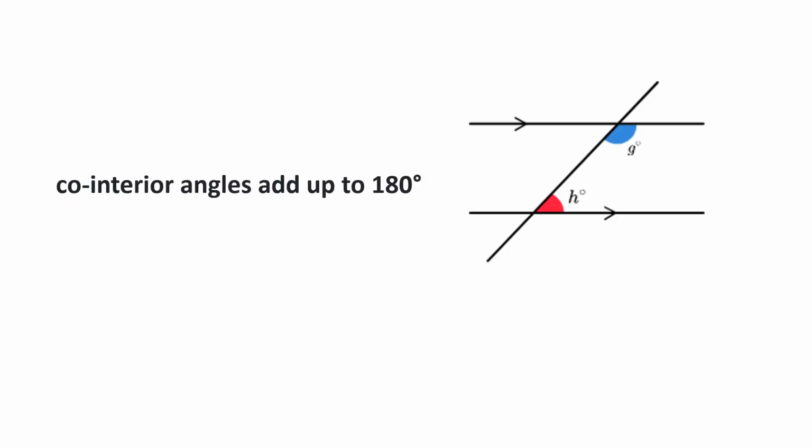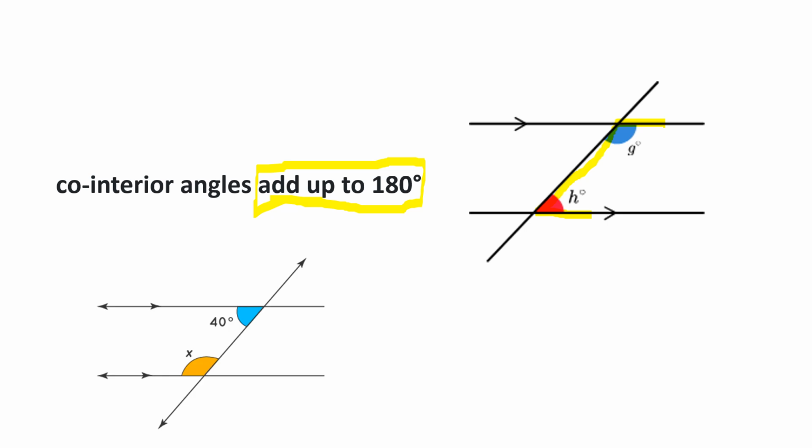My next one is co-interior, and this is slightly different. So co-interior are where they're both on the same side, but both inside. So these add up to 180. These are not the same, they add up to 180. So for example, if this one is 40, I can see they're co-interior. They're both on the left and they're both inside those parallel lines.